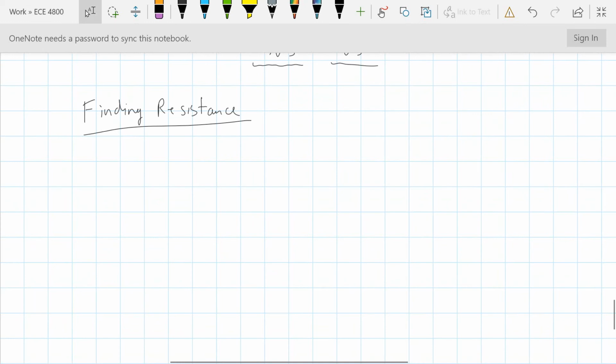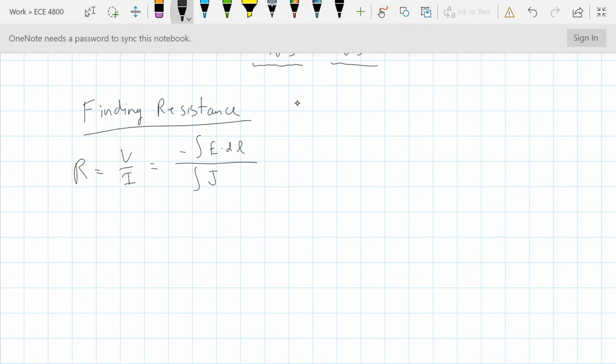So this is finding resistance. If we want to do this step by step, remember R is equal to V over I, and this is equal to the negative integral of E dot dl divided by the integral of J dot ds. This is going to be a double integral because it's over a surface.